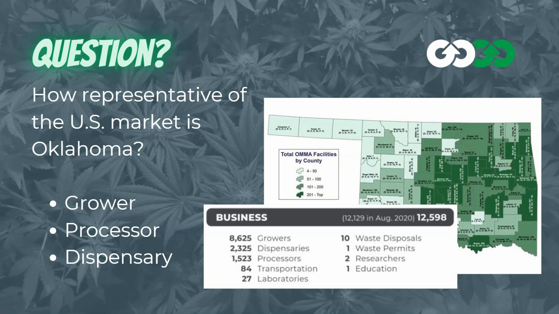So while it's nice to have access to this information, it's really difficult to gather too much competitive information directly from it. However, it does present the narrative and very much truth that Oklahoma is a very competitive market.